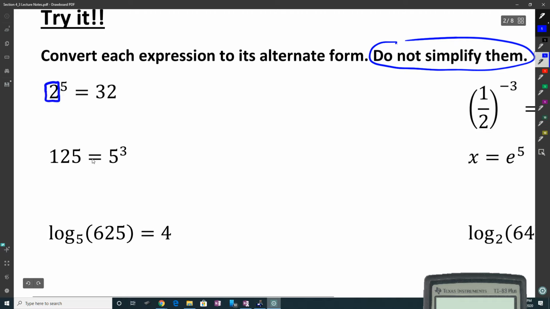The base is a 2. The inside is a 5. And the answer is 32. So if I'm going to turn it into a log, first we switch forms. When you switch forms, the form for a log looks like this.